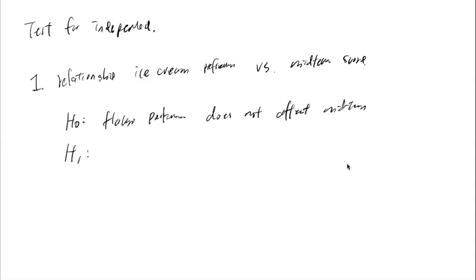Our alternative hypothesis is that it does affect. Does not affect basically means that the two events are independent, and our alternative hypothesis will be not independent.